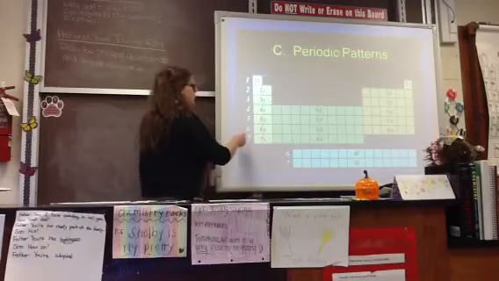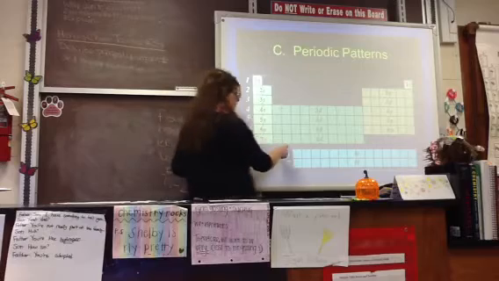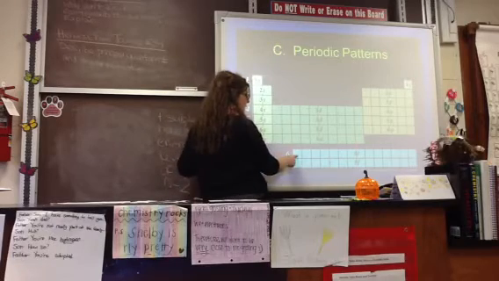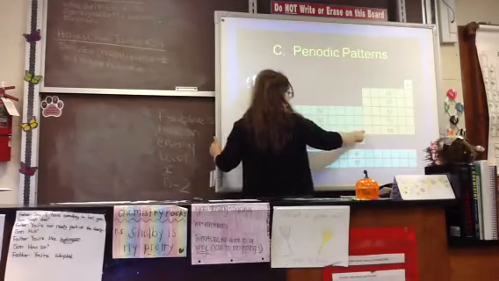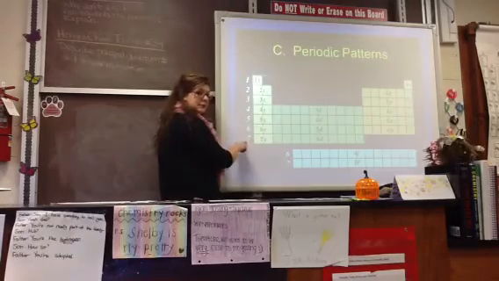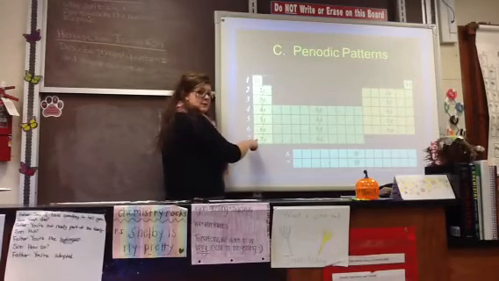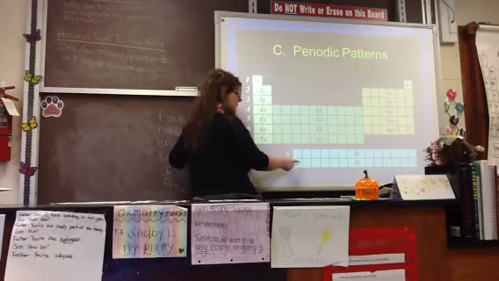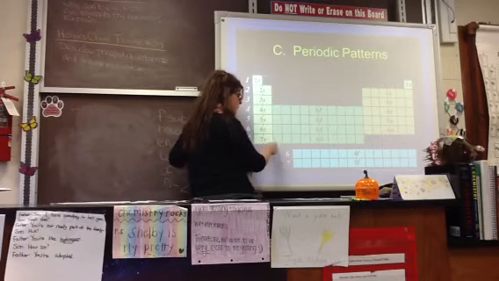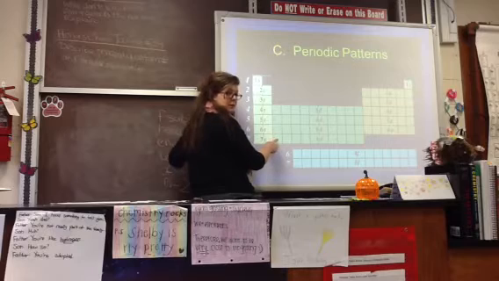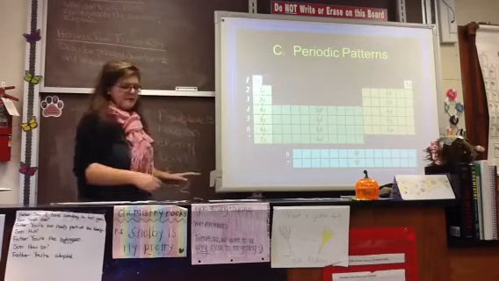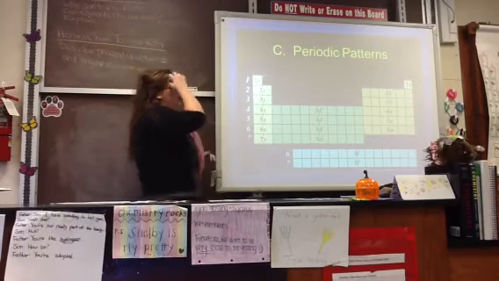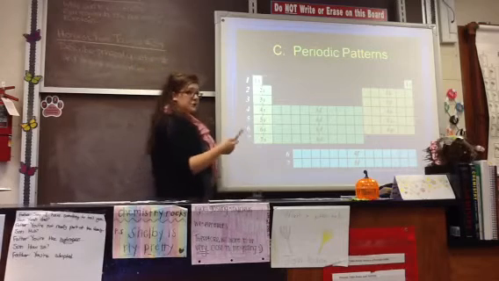So this row would be 6s, 4f, 5d, 6p. If I go to the 7th row, 7s, if I go down here to my f orbital, I'm going to take 2 away. So that'd be 5f, go back up here, 6d. Okay? That is my second rule that governs electron configurations.